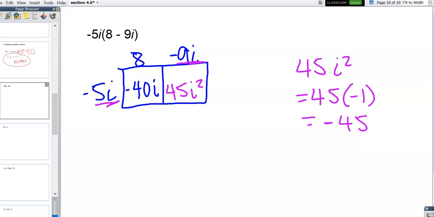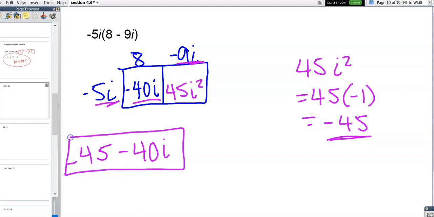So then when we write our final answer, negative 40i can't be simplified any further. And then negative 45 is what we were able to simplify negative 9i times negative 5i to. And you always want to put the rational number first. It's good form. So negative 45 minus 40i.